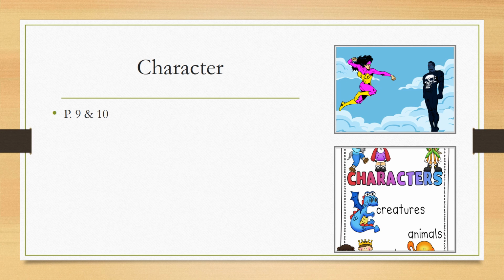If you move on to page 10 at the top, a character is revealed by physical appearance. So in the short story, when we read it, we might read that he is big, he is a small guy, right, physical appearance. We get a sense of what he or she thinks, right?